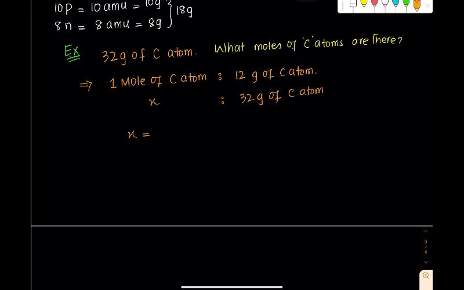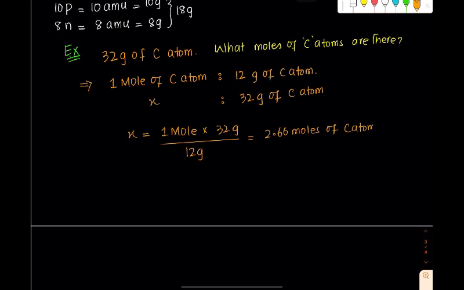So 1 mole multiplied by 32 grams divided by 12 grams. So when 32 is divided by 12, what do we get? We get 2.66 moles of carbon atom.